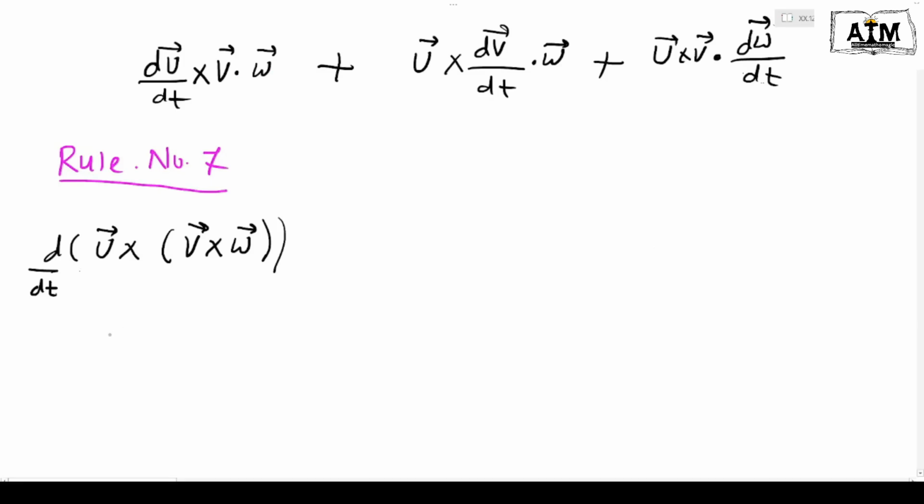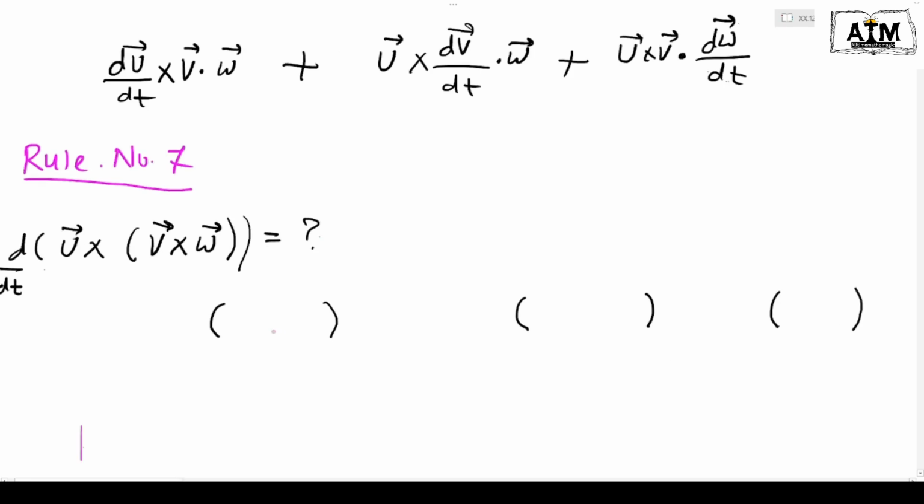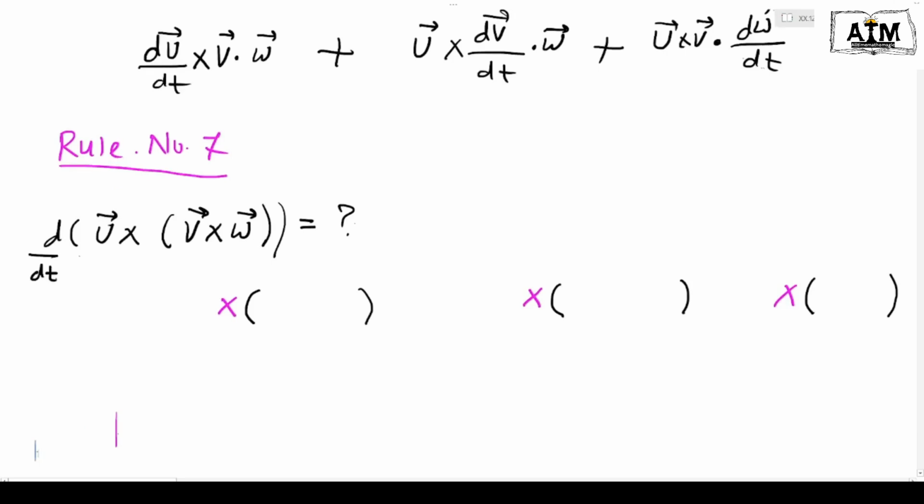Now, rule number 7, the derivative of u cross v cross w with respect to t equals how much? How to remember the formula? Here is a trick. The trick is to write down 3 brackets: first bracket, second bracket, and this is the third bracket. After that, a cross product before every bracket. After that, here is the first case.